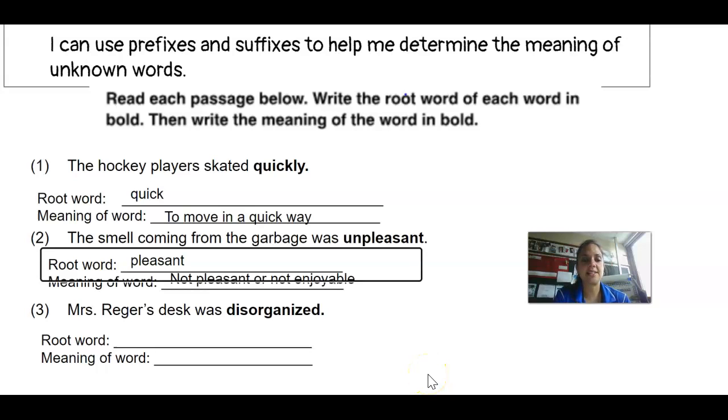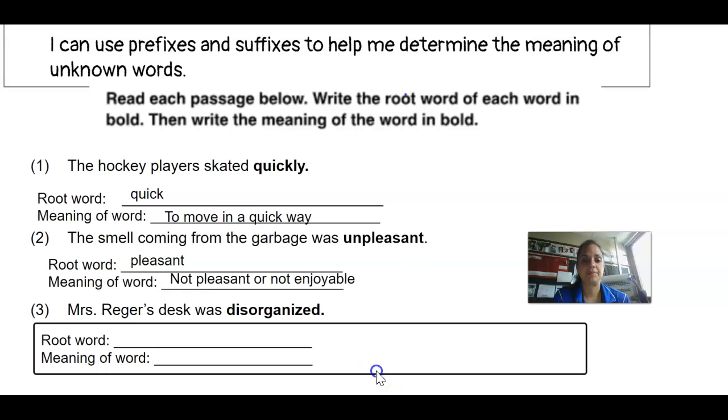All right, our last word for today. "Mrs. Rieger's desk was disorganized." What is the root word? Organized. Does that match your thinking? That means that we have a prefix that was added to the beginning and a suffix that was added to the end that can also be taken off the word to find the root or base word.